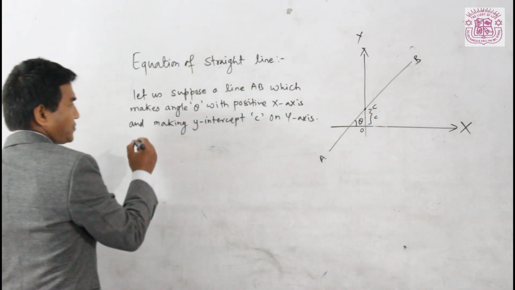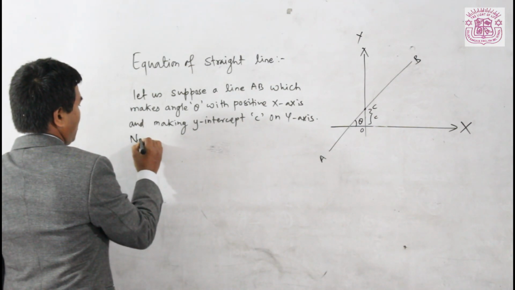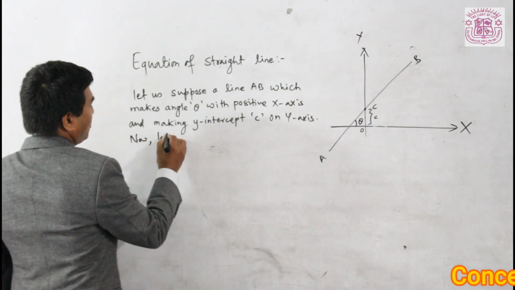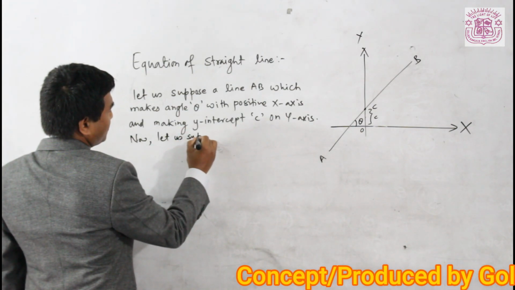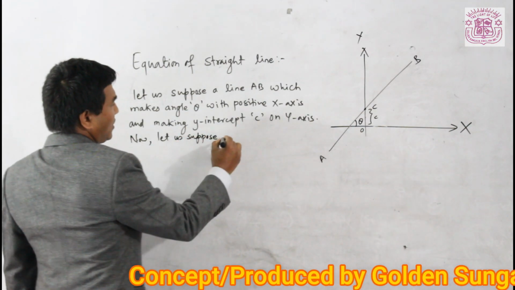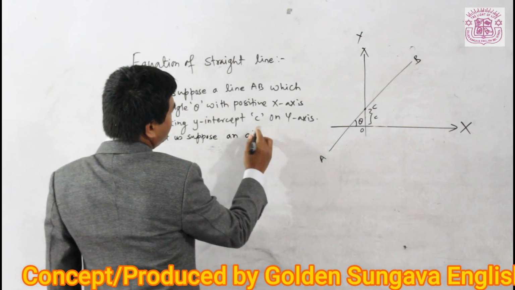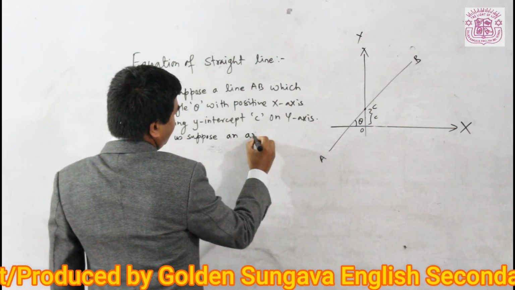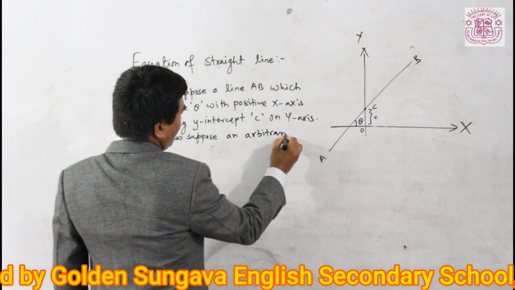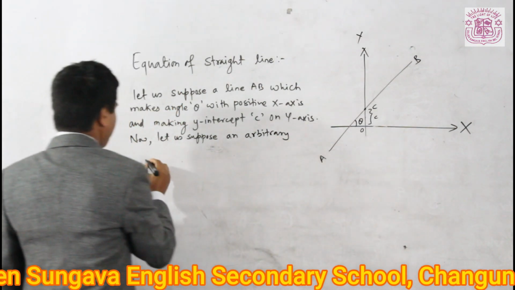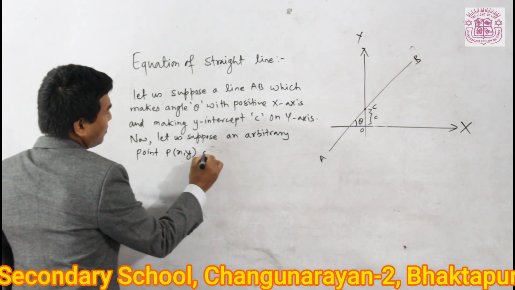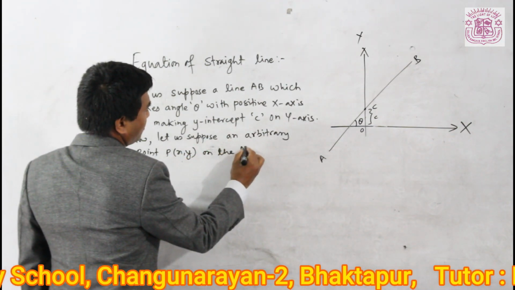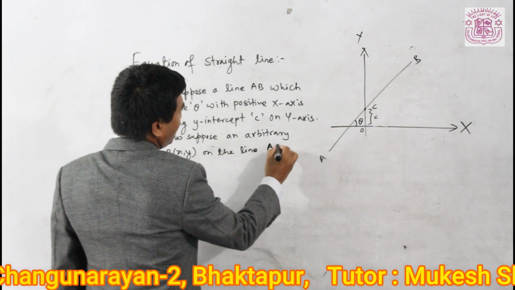Now let us suppose an arbitrary point P(x, y) on the line AB.